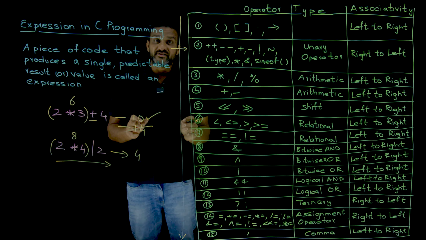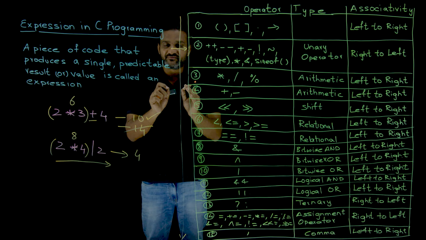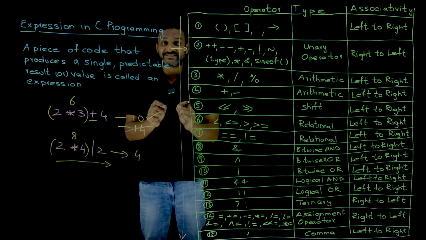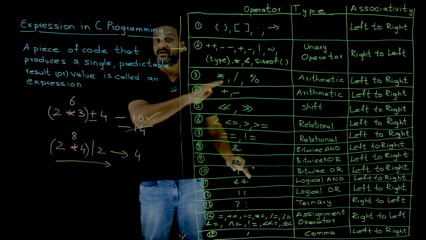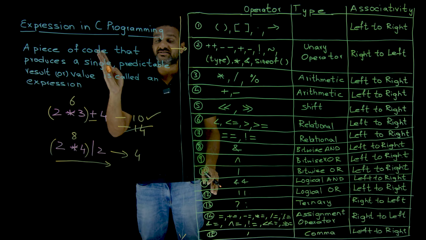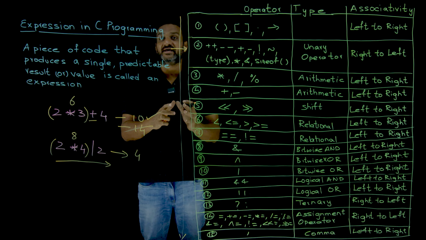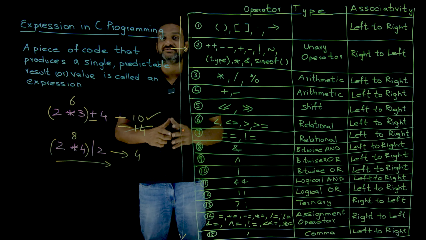That's why the significance of this class is very, very high. Please try to remember this table so that in future classes you feel it is very easy. The entire programming will become very easy.